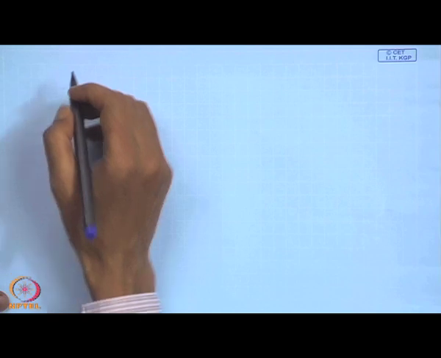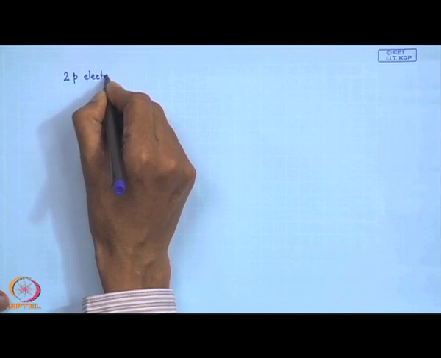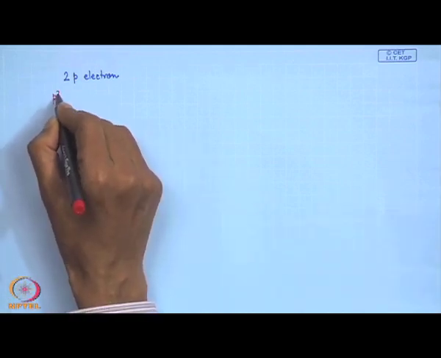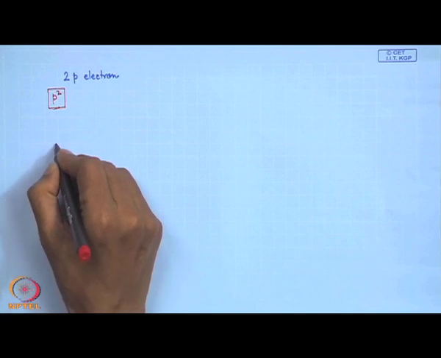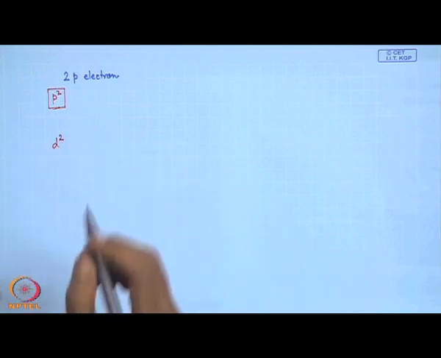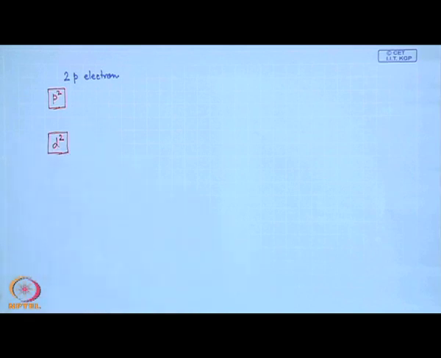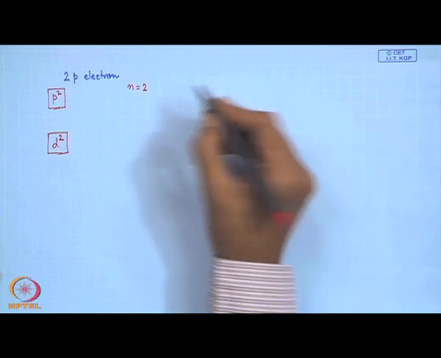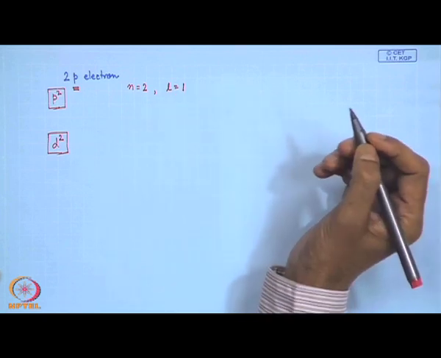So, if we have a 2p electron system, with a p2 electronic configuration, in the simplest possible case, since it is a 2p electron, the n value is equal to 2, and since it is p, the l value is equal to 1.